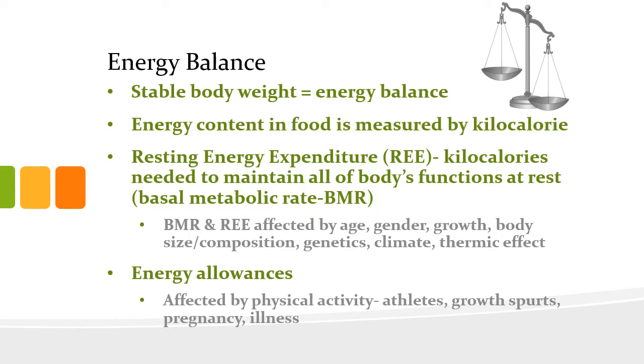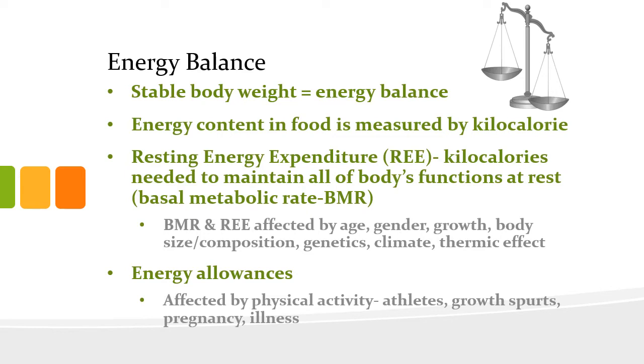BMR and REE are affected by age, gender, growth, body size and composition, one's genetics, the climate, and thermic effect. Energy allowances, that's how much extra energy you need, are affected by physical activity. For example, athletes need more energy, children going through growth spurts, a female in pregnancy, and certain illnesses.